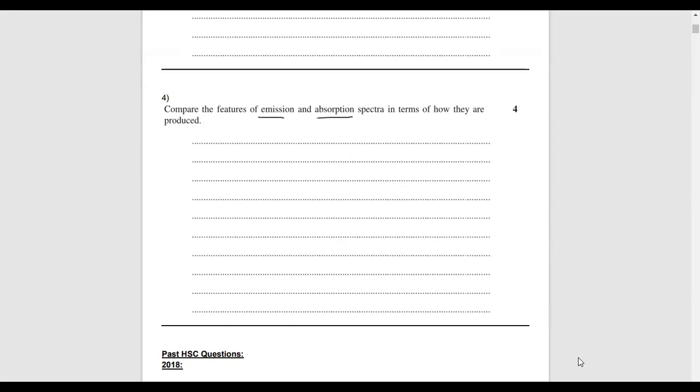And why is that? Well, emission and absorption spectra result from electrons jumping between shells. You've got absorption when it jumps into a higher energy state, and you've got release, emission, when it jumps to a lower energy state.